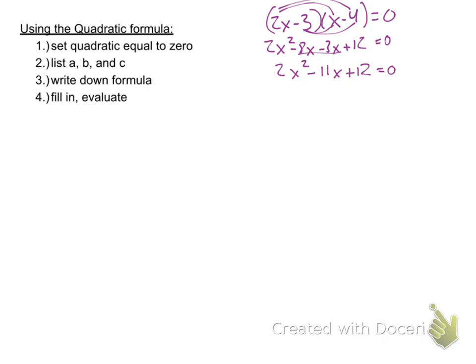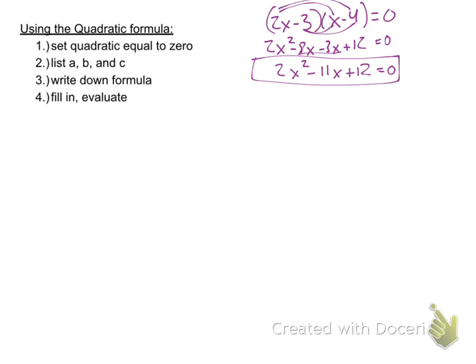So what I want us to do today is not factor it, because this is factorable, but I want you guys to see, or we're going to verify, that factoring, quadratic formula, and completing the square are all viable options.